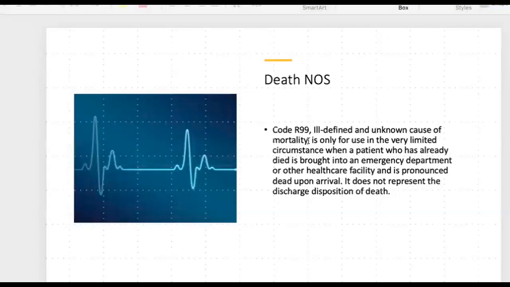Okay, so very clear, guys. Do not assign R99 if a patient died in the hospital. That's what the guideline meant about discharge disposition. Discharge disposition dead, the code is different. I mean, the R99 code, this one right here, is not applicable.